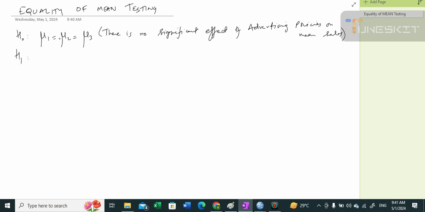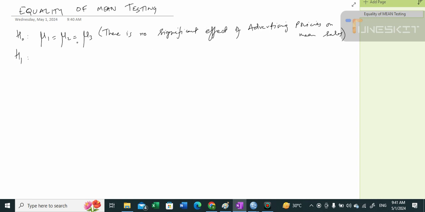For the alternative hypothesis, we need not write it with a not equal to sign. The reason we have just discussed in the case of the equality of variance test: this is again a very rigid situation. There is something in between the two situations that may exist. If a single pair of means goes unequal, H naught will be rejected even in that case.